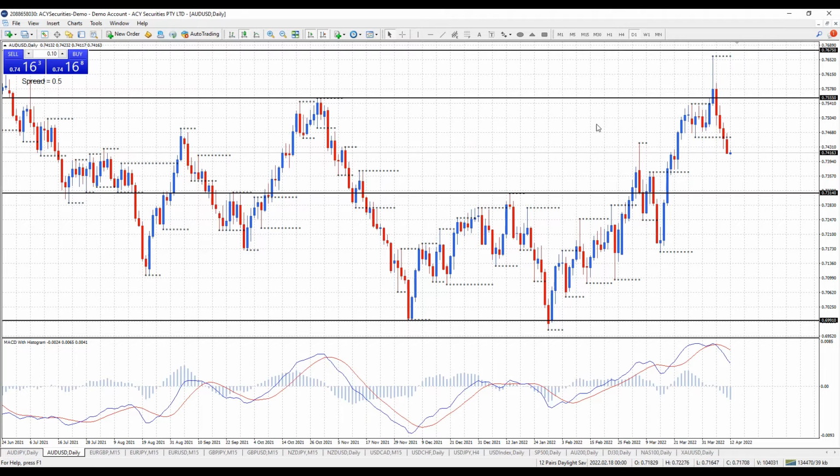To the daily, let's get in support and resistance. Trend on the daily is down here, we've moved to a lower bottom. Let's get in support and resistance. And we've just moved through support here at 74.56, so that's now resistance.